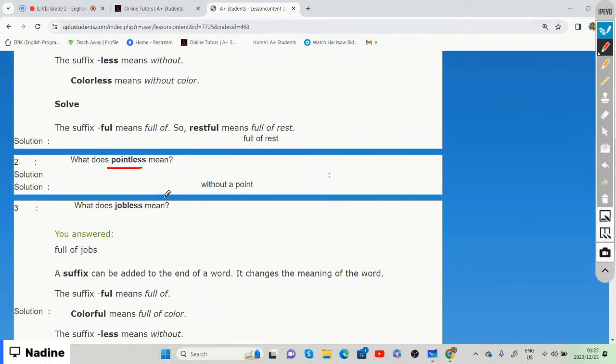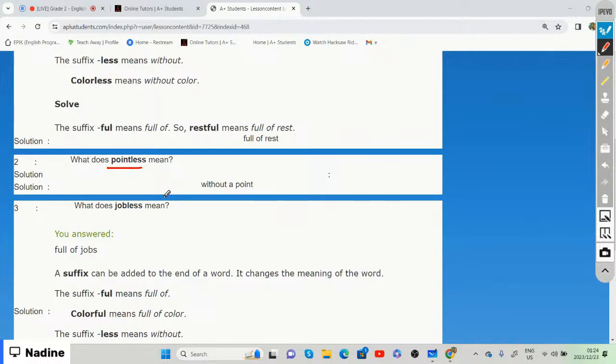If less is without, then pointless means that it is basically without point.